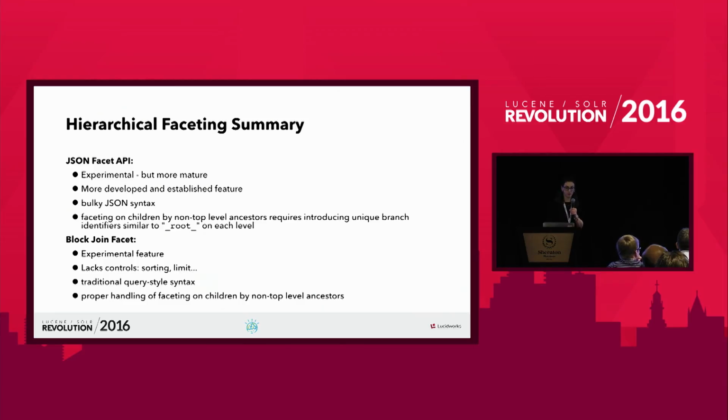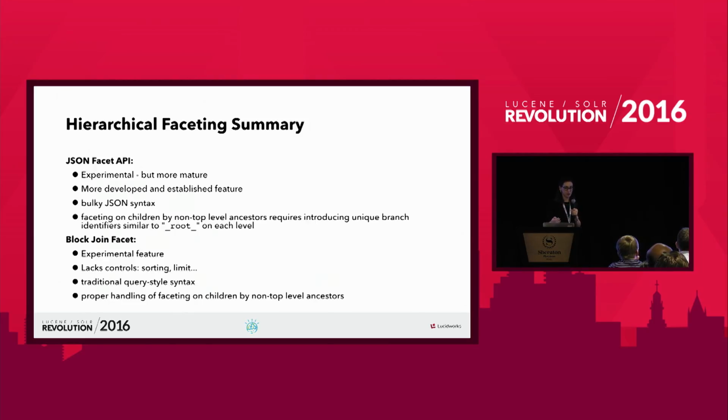All right, so we just looked at the hierarchical faceting capabilities in Solr. We saw that there are quite a lot of capabilities. That means we can traverse the tree up and down and do counts, all possible statistics that we might come with in our needs. However, both of those features are experimental. The JSON Facet API is more mature, but as I mentioned, it needs a lot of pre-processing of your data to make it 100% flexible.